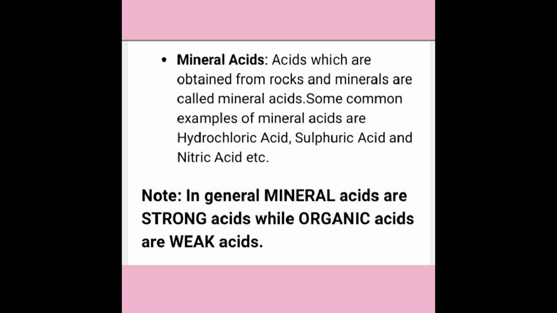These are obtained from rocks and minerals. Some examples of mineral acids are hydrochloric acid HCl, sulfuric acid H2SO4, nitric acid HNO3. In general, mineral acids are strong acids while organic acids are weak acids.